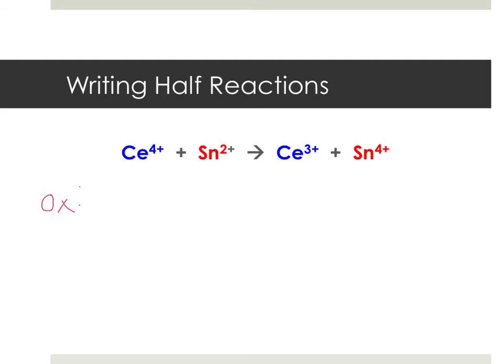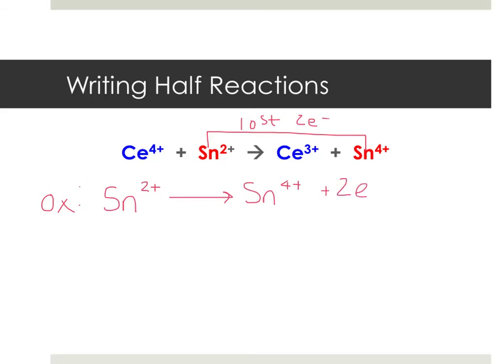In this case, since tin went from a charge of 2 plus to a charge of 4 plus, it must have lost 2 electrons. So our half reaction for the oxidation part looks like this. We have Sn2+ yields Sn4+ plus 2 electrons because those electrons have been lost.